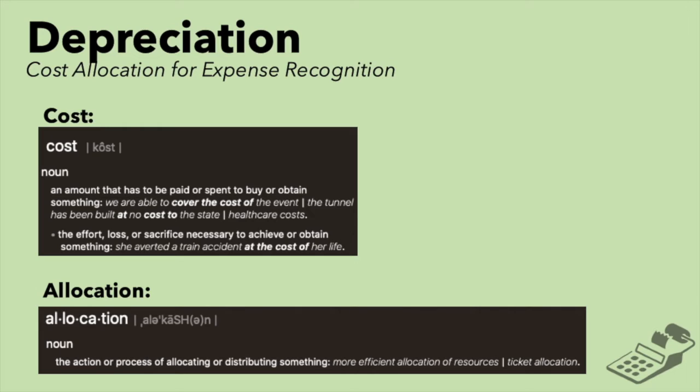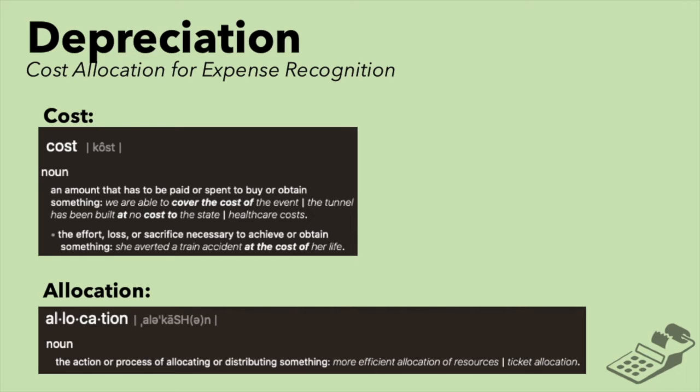So we have cost, what we've paid for something, and allocation means distributing. And so what we do in accounting with depreciation is that we allocate, distribute, the cost we've incurred for long-term assets.